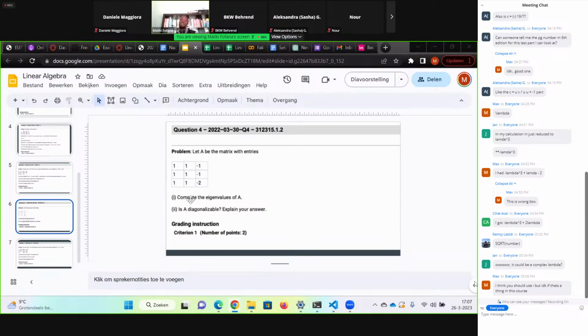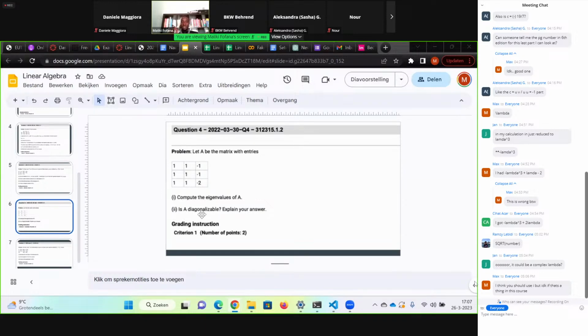And so after computing the eigenvalues of A, saying okay, it is 0, the square root of 2, and the negative square root of 2, the follow-up question is: can we say that it is diagonalizable? I would like to have this answer from you guys before I write it down in the Excel sheet. Why? Because this is a theory question. I hope you have already gone through the theory a bit.